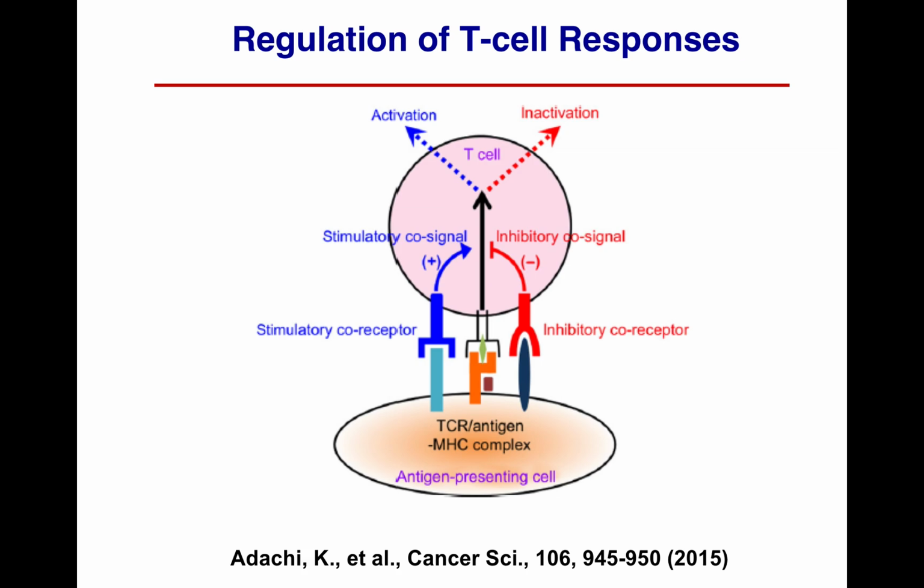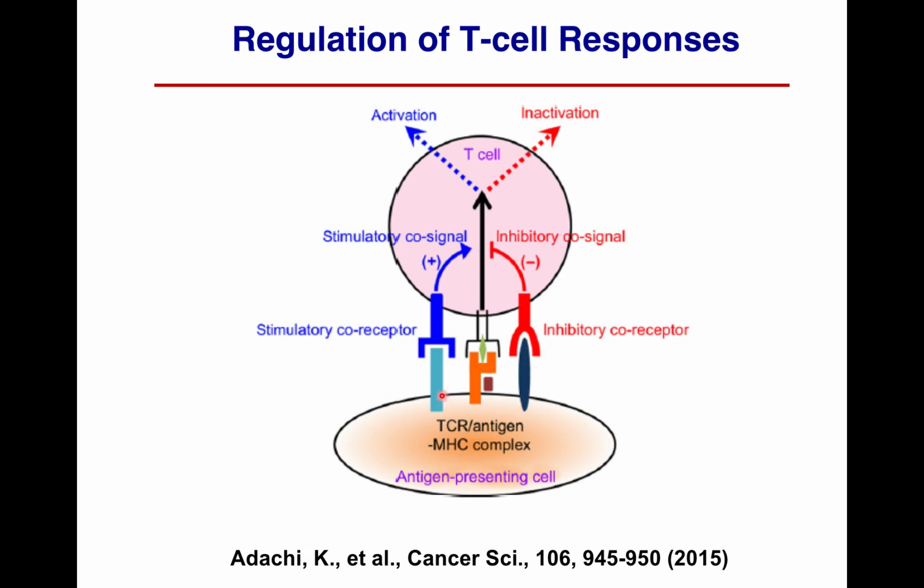And so we've talked about here's your antigen processing cell, here's a T cell here, and what we've talked about is the stimulatory effects, right, with CD3 and CD28. Now, it turns out these are positive. There are inhibitory co-signals as well, which block this interaction.